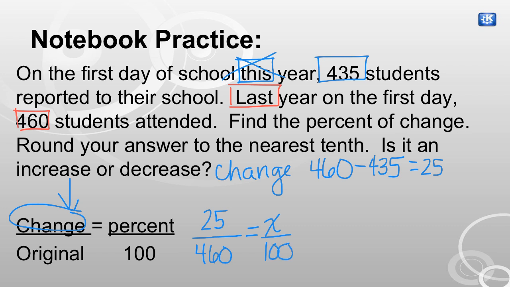So when you pick up your calculator and you take 25 times 100 and you divide by 460, you're going to get kind of a not great decimal. It's going to come out to be this. And I told you I'm never going to have you submit that kind of an answer.